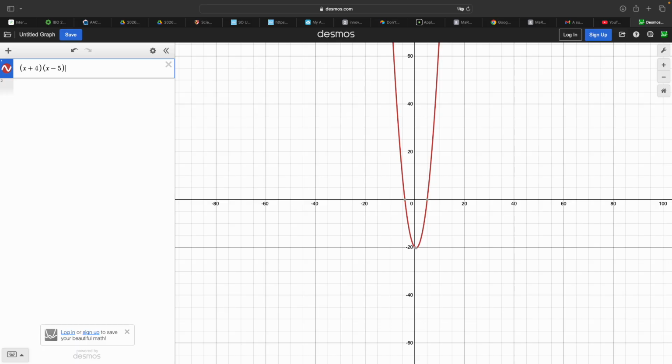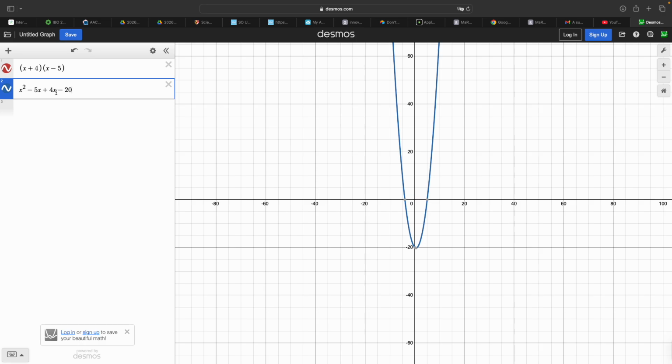And we have a quadratic function because this is essentially saying x squared minus 5x plus 4x minus 20.